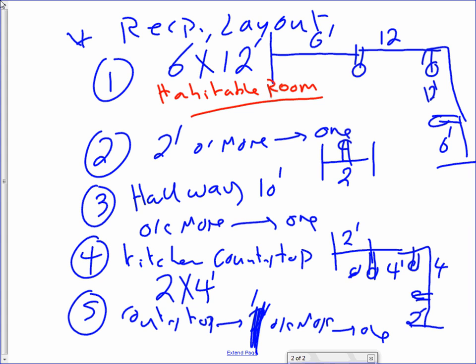So we're at 5. Let's go to 6 here. Number 6, you need one in the basement. Unfinished basement, you have to have one in the unfinished portion of the basement. So if half of your basement is finished and the other half is not, the finished part doesn't count.